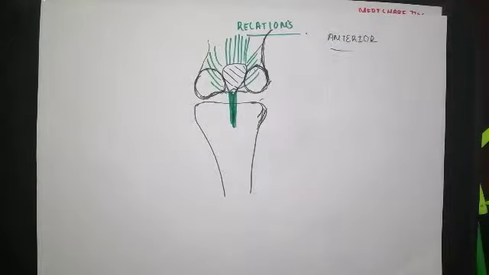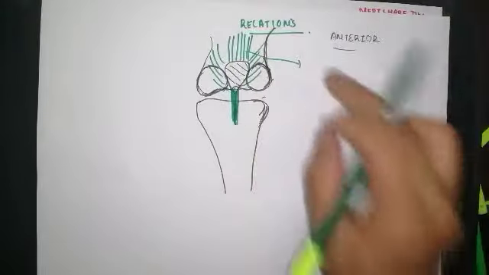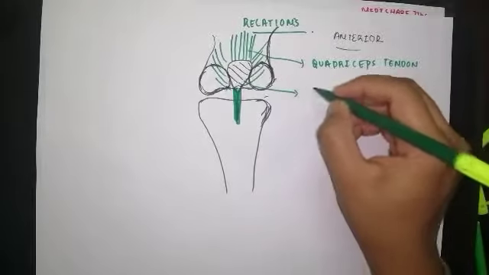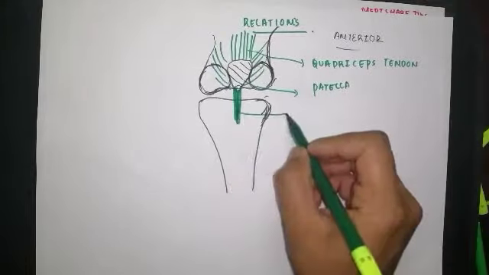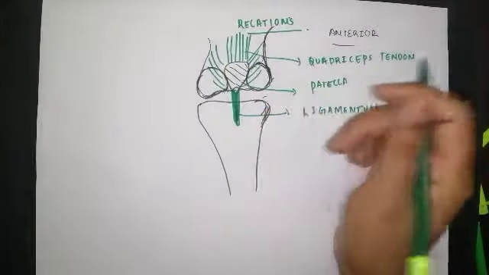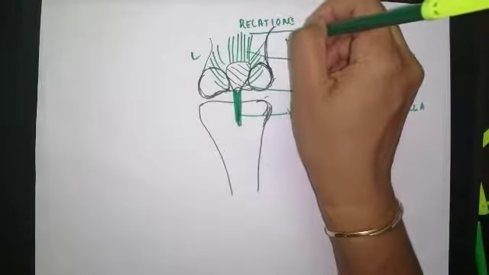So all these structures are related anteriorly. Which are they? This one is the quadriceps tendon. Another structure is the patella, which is related anteriorly. On the lower part it is related to the ligamentum patellae. This is the lateral aspect, this is the medial aspect.